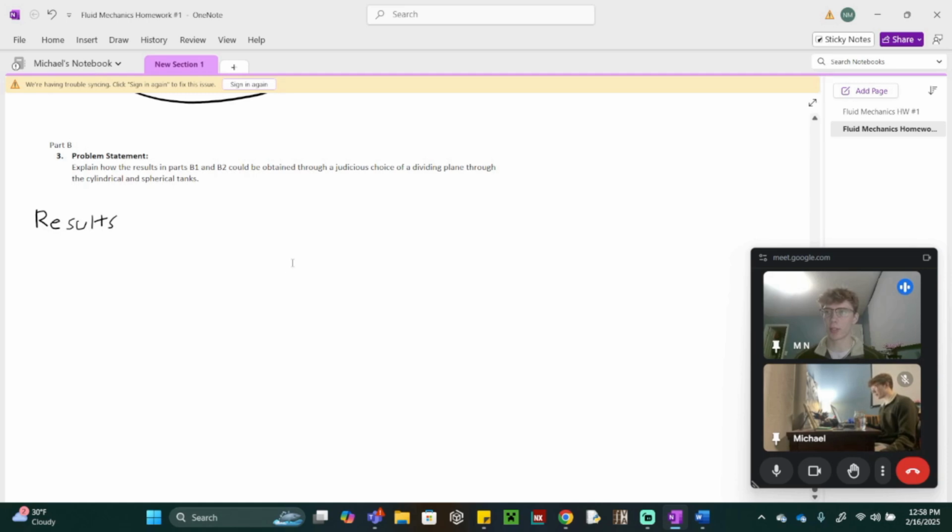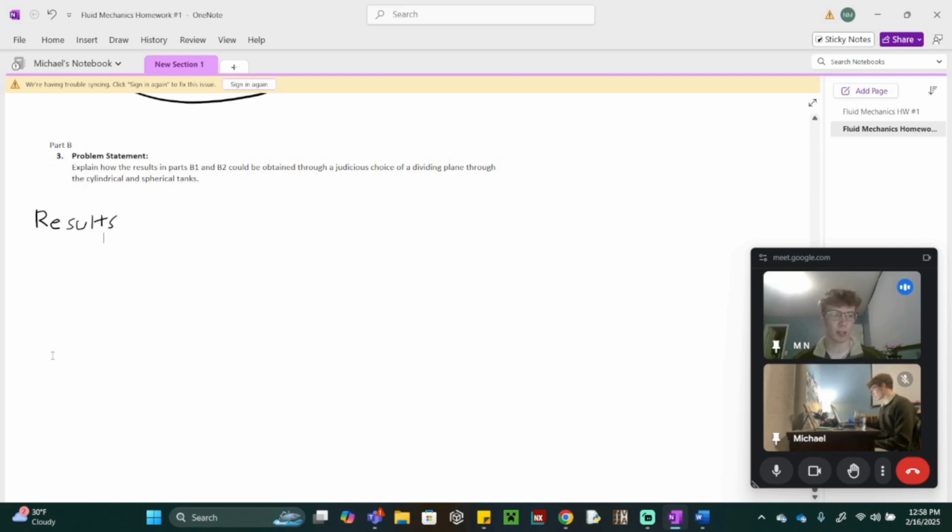Okay, so now on to problem statement 3 of part B. It states, explain how the results in parts B1 and B2 could be obtained through a judicious choice of a dividing plane through the cylindrical and spherical tanks. So the first thing that I'm going to do is write down our results from parts B1 and B2.